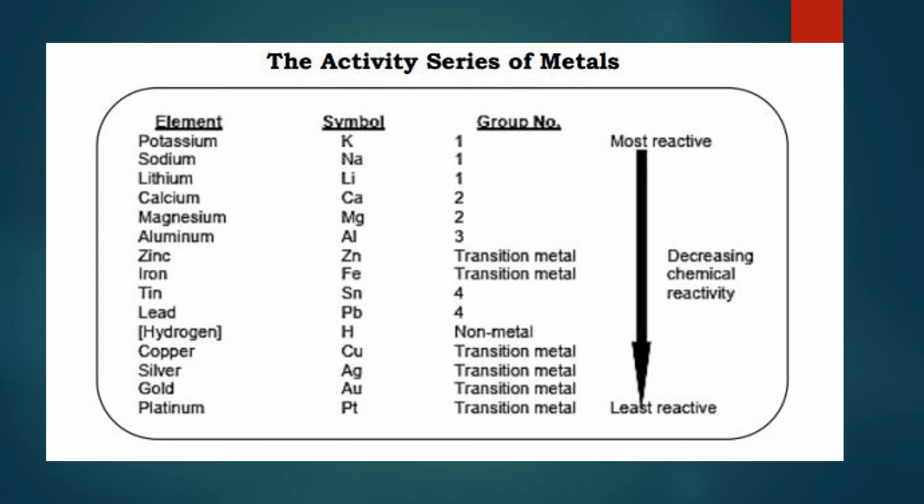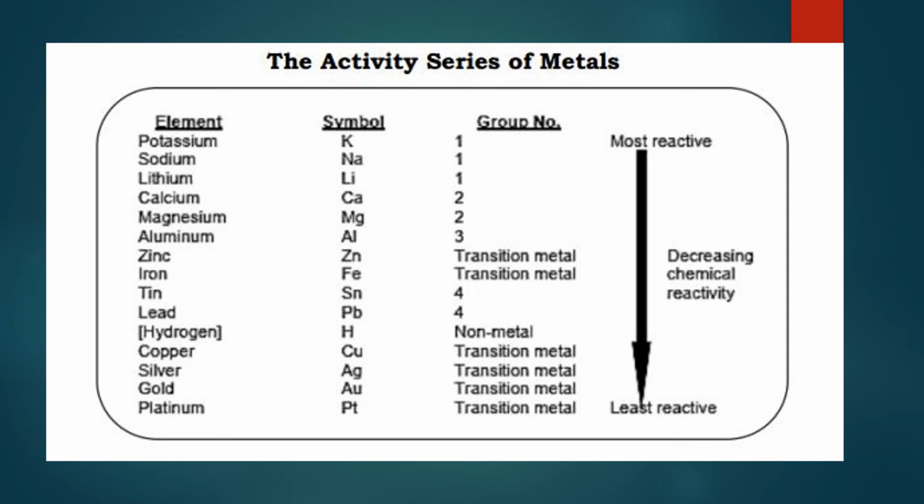Compare that to the zinc. The zinc belongs to the group of transition metals. So it means that potassium has greater reactivity than the zinc, or of course the iron, if you're going to compare that.